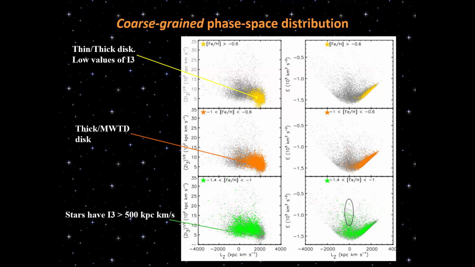But the important aspect is that when we go to lower metallicity, below -1, these are mostly halo stars. You can see that I3, the third integral, is always greater than 500 kpc km/s. Here, I highlighted with this ellipse the Gaia-Enceladus, which is very easy to recognize by these elongated structures.